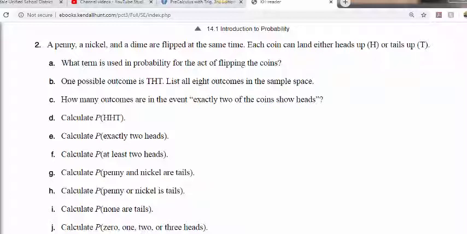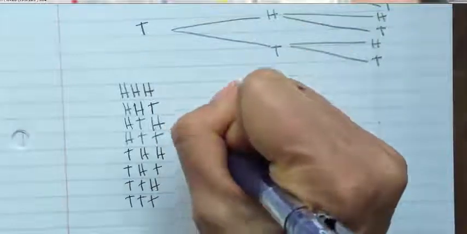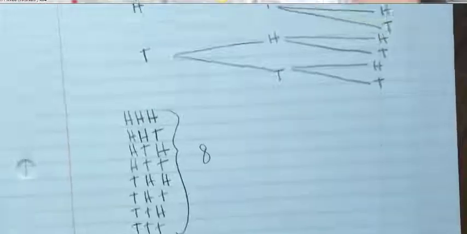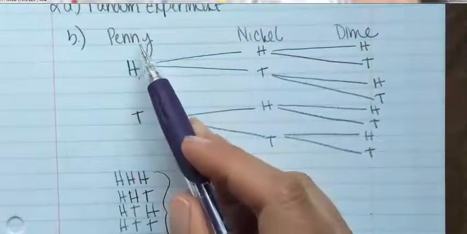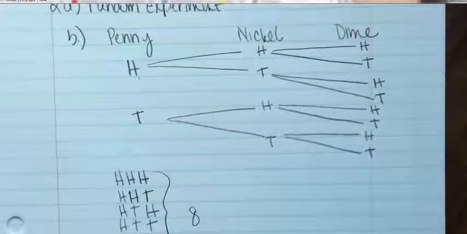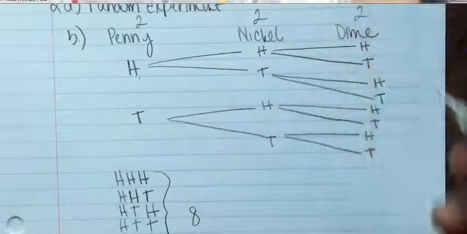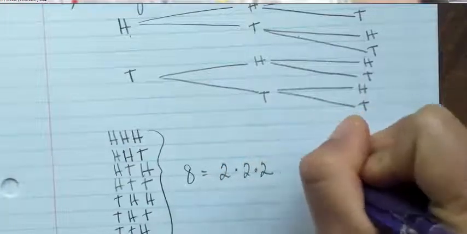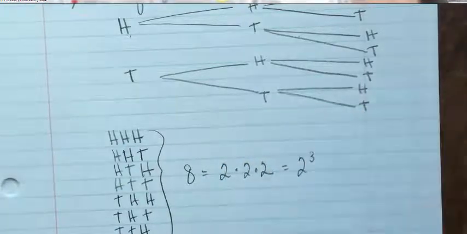Now, what's interesting here is that there are 8 total outcomes, right? Notice that on every single coin, I had 2 possible outcomes. There were 2 possible outcomes here, 2 here, and 2 here. Notice that 8 is the same as taking 2 times 2 times 2, or 2 to the 3rd power.